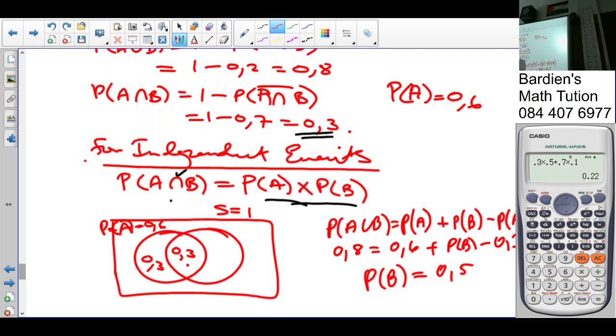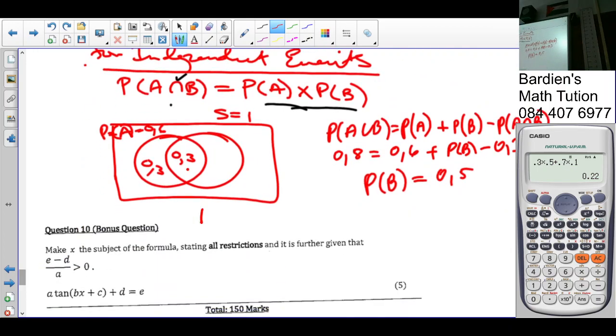So let's check the probability of A times the probability of B, let's see what that gives us. 0.6 times 0.5, which is 0.3. Not so? That's 0.3. Yes.